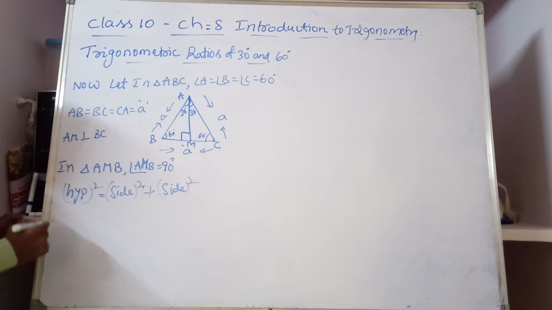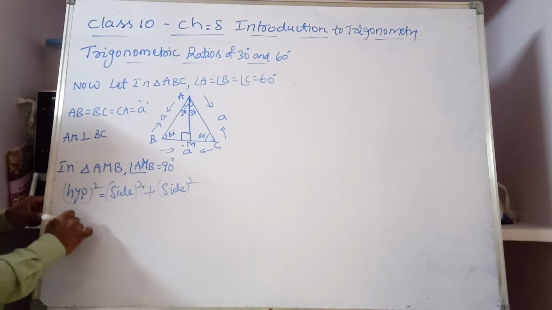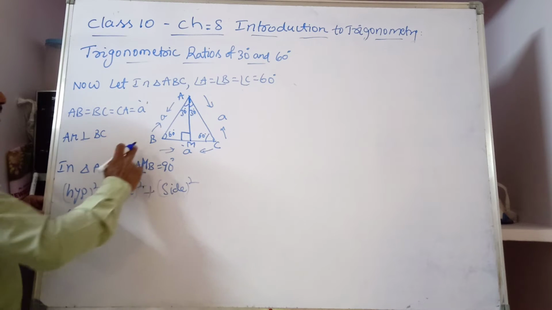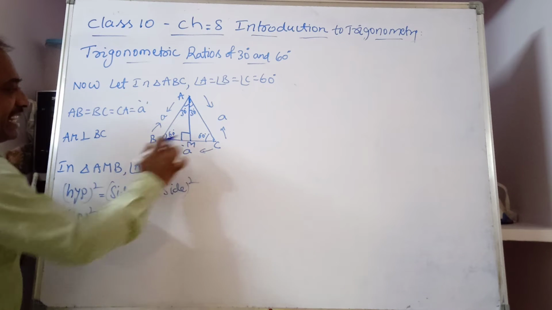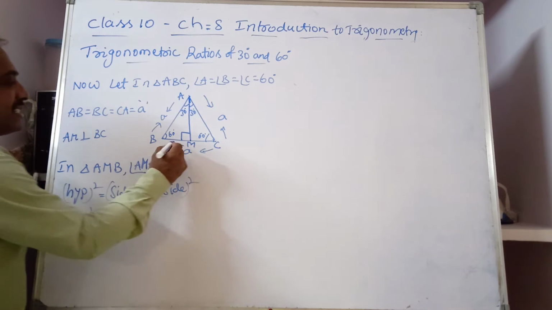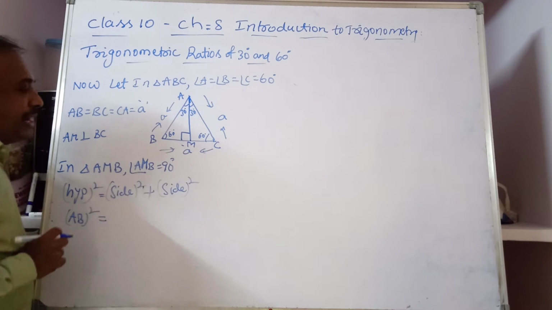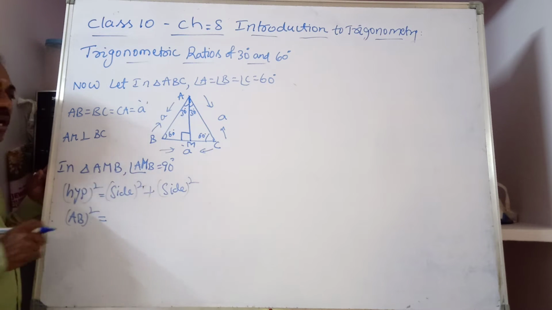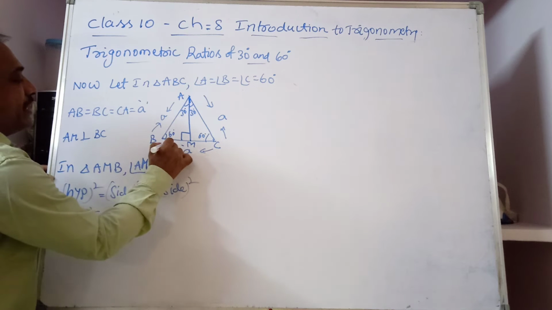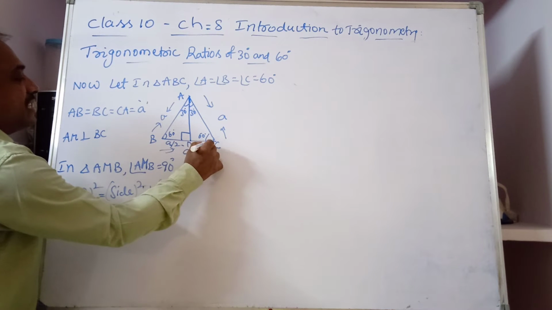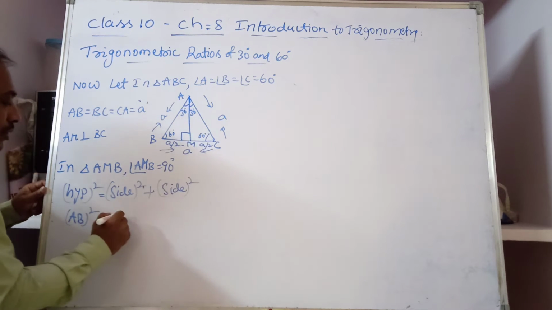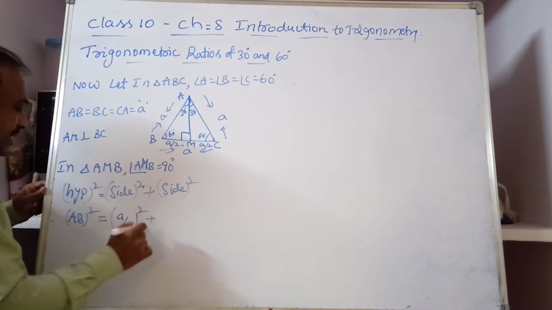When it is divided into two equal parts, M is the midpoint, so BM is A by 2 and MC is also A by 2.